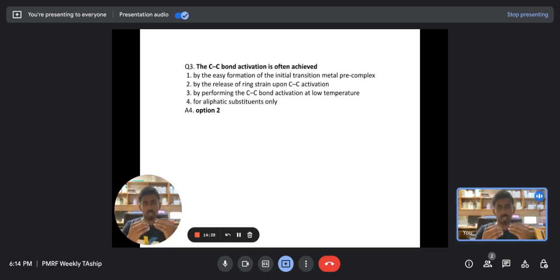Now if we conduct a C-C activation so that the bond gets cleaved, and from ring 4 we go to ring expansion, to ring 5 or ring 6, then the C-C activation is quite favorable, because it can produce a comparatively stable ring, and the molecule suffering from ring strain will be relieved. That's why by the release of ring strain upon C-C activation, the C-C bond activation can be achieved. That's why in some 3- or 4-member rings the C-C bond activation takes place quite favorably, rather than in 6- or 7-member or acyclic compounds.